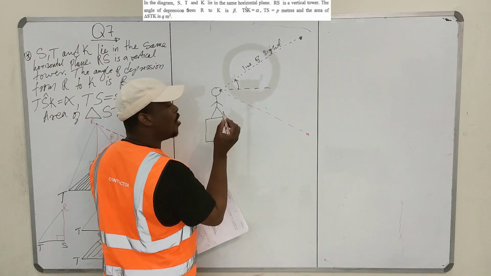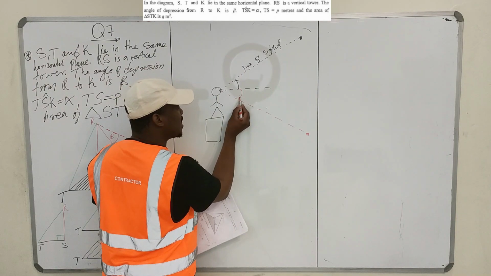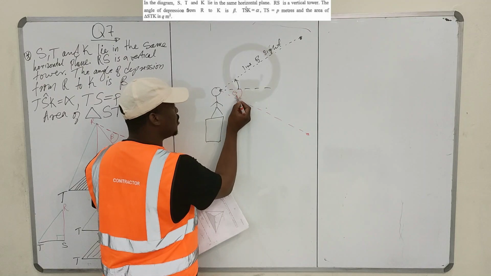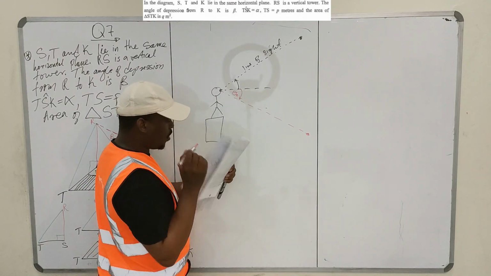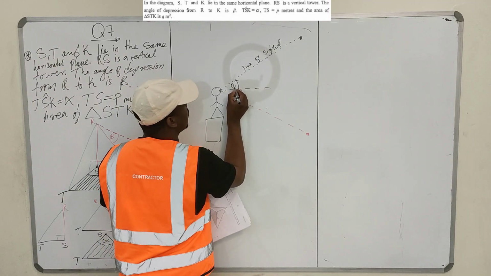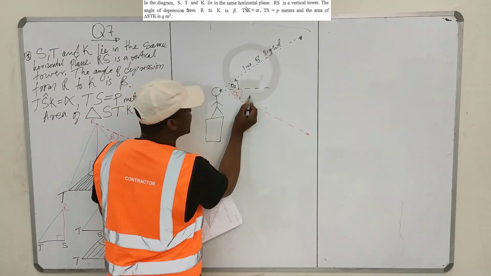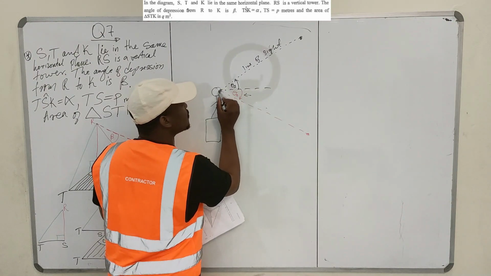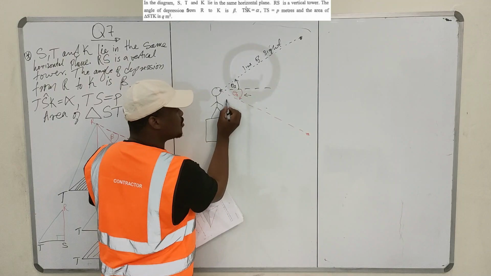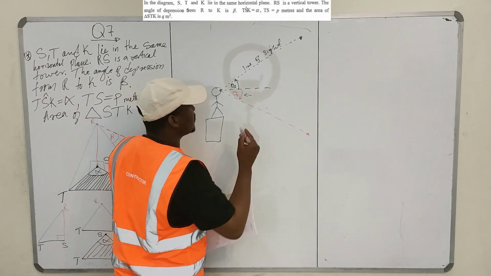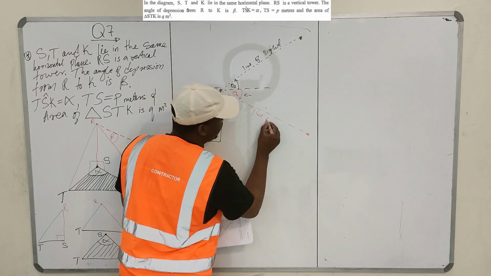So the angle between the horizontal, let's say this is theta 2, and the first one was theta 1. This one is also measured from the horizontal to the line of sight, because this is also the line of sight.